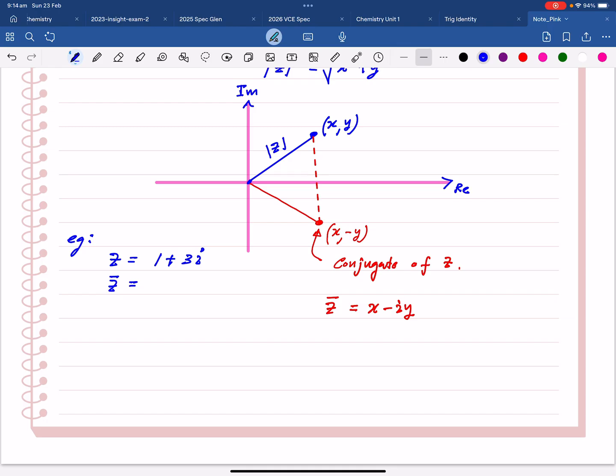You can visualize it. It's a reflection about the x-axis. How to find it? Simple. 1 minus 3i. You change the sign in between the x and y. You are not going to change any signs here. Suppose you have a minus here, that minus stays. Okay.